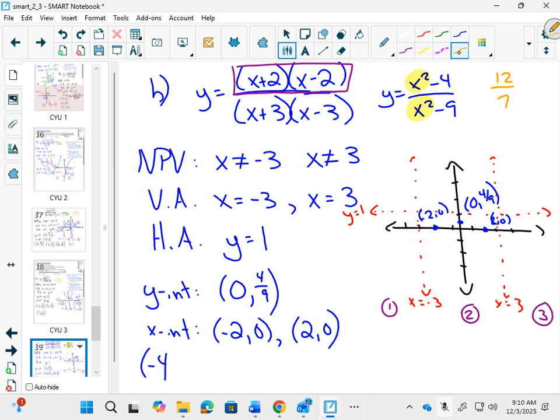I might use the original equation here to plug it in. The factored one wouldn't be hard, but this is pretty easy. And there's something about the original one that I really like, I'm going to talk to you about in a second as well. So I get 12 over 7. So I go to my graph. 12 over 7 bigger than 1? It is. That's important that you estimate where it is correctly.